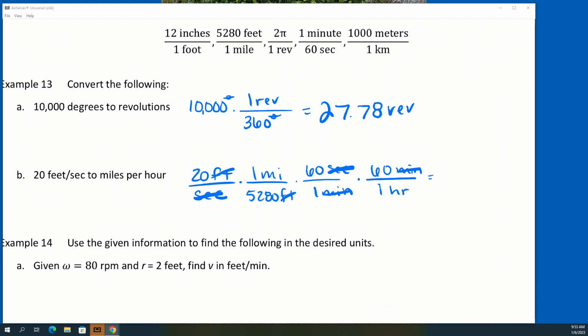But what I would do is take 20 and then divide by 5,280 and then multiply by 60 and then multiply by 60. So on the top, you multiply, on the bottom, you divide. Everybody practice it, please.